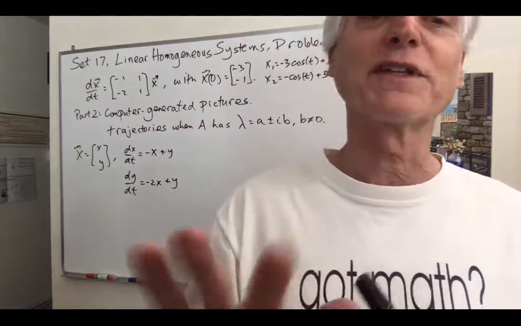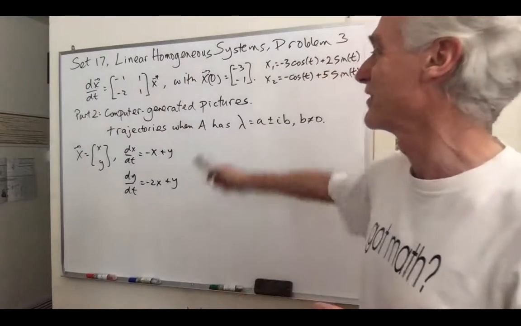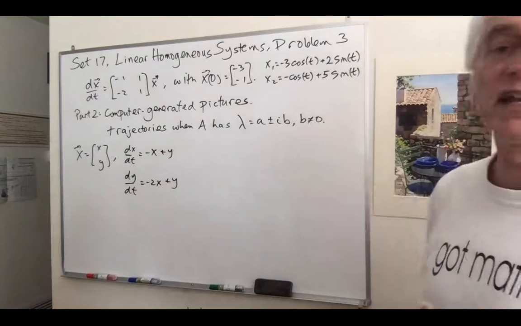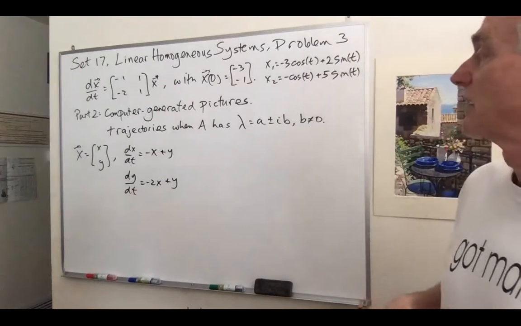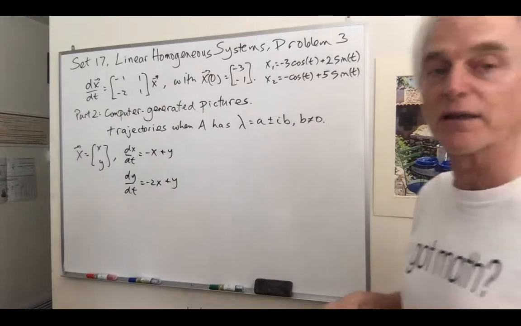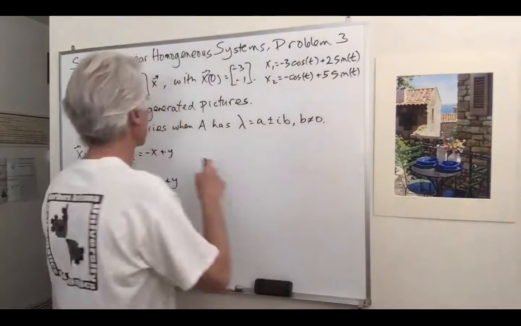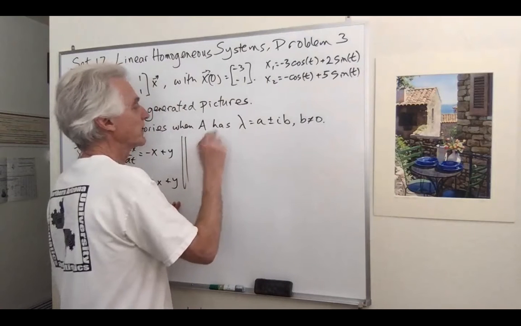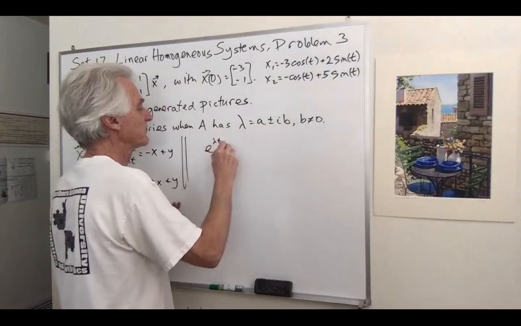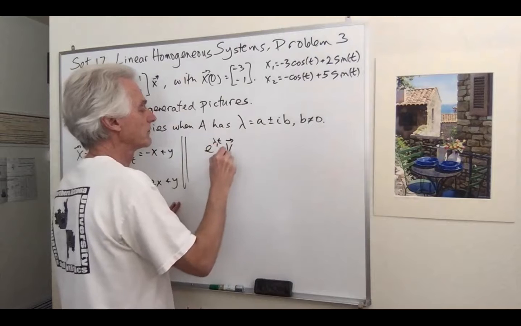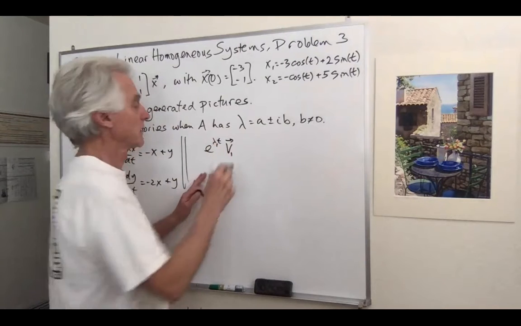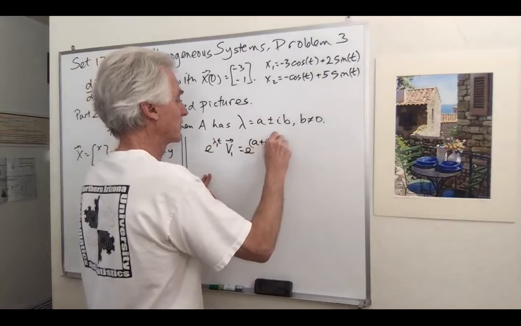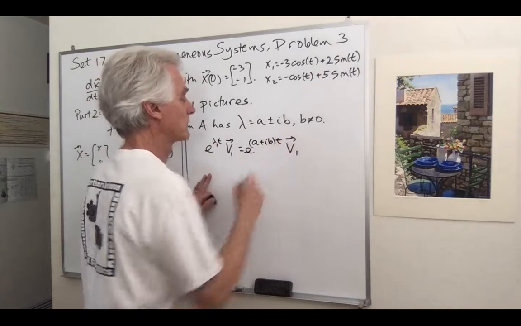But before we do, there's something I want to talk about, and that is the trajectories in general if the eigenvalues of the matrix are complex, a plus or minus ib. In general, if we think about e to the lambda t v1, that's going to be e to the (a plus ib)t v1.